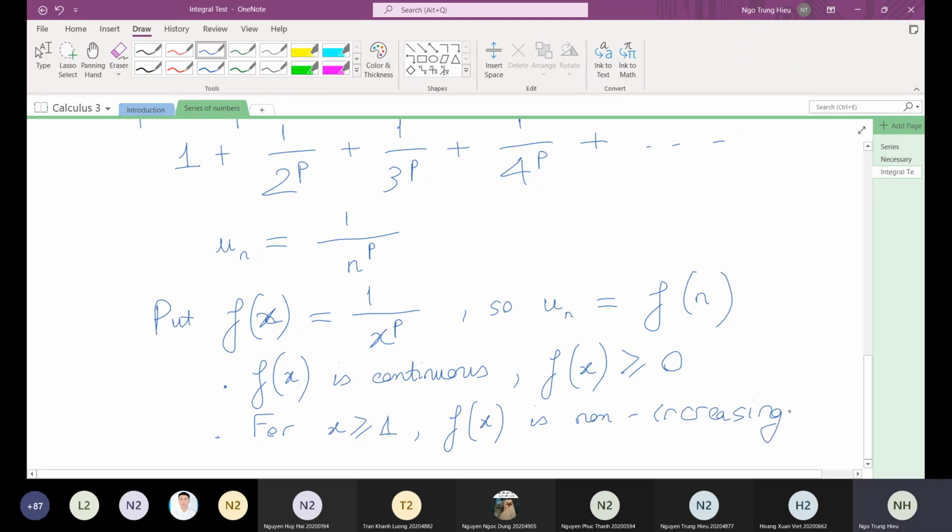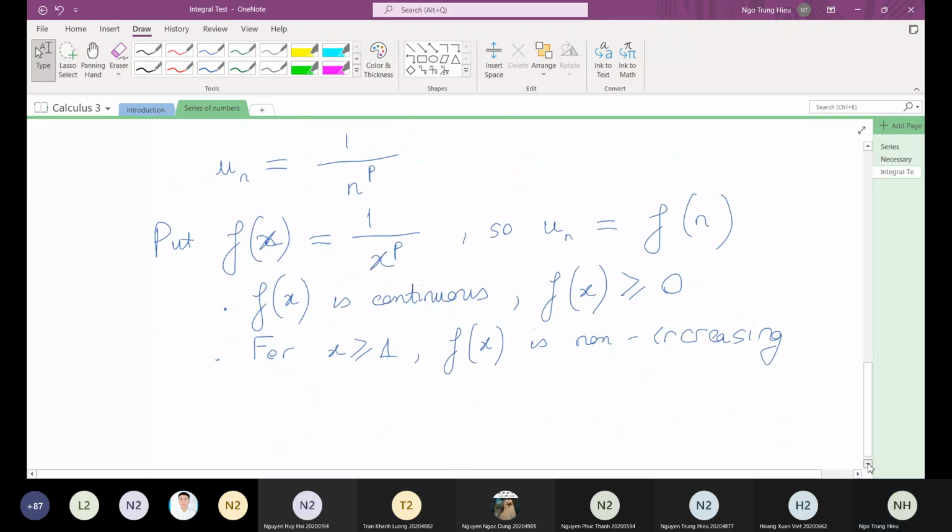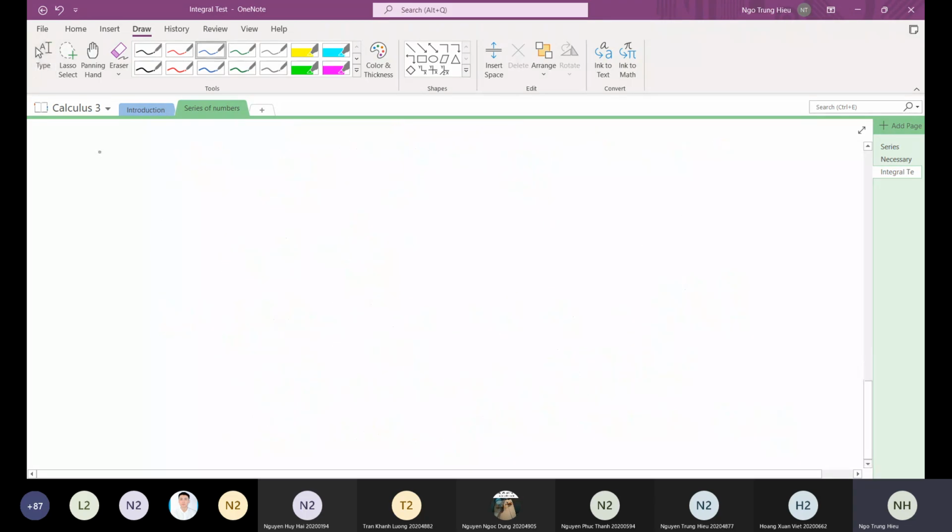You can take the derivative to see that the derivative is less than 0. Right? So in this case, the P series, we want to consider whether it converges or diverges.